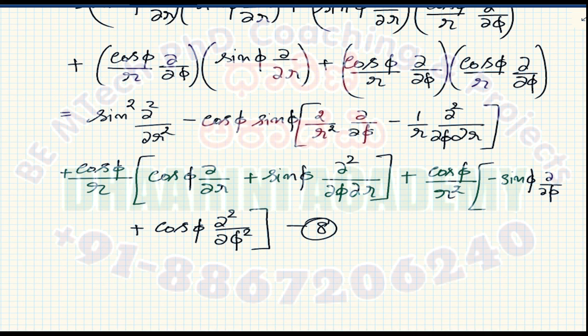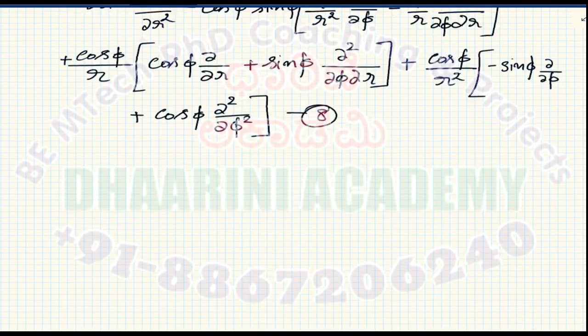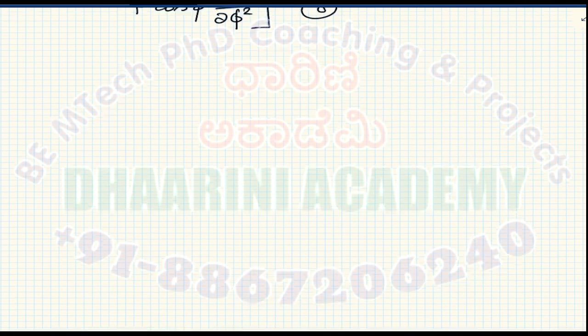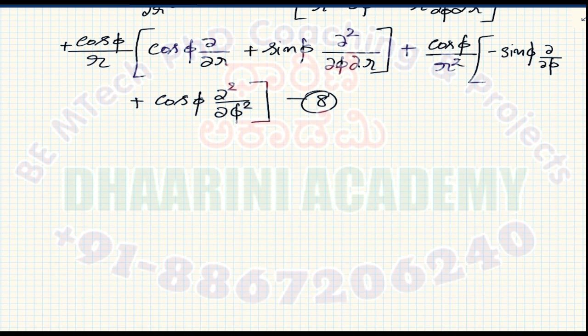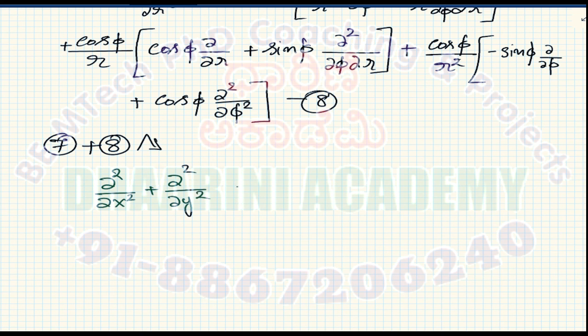So we just have to add them now to get the answer in terms of r phi. So equation number 7 plus equation number 8 gives, see, left hand side is dou square by dou x square plus dou square by dou y square.